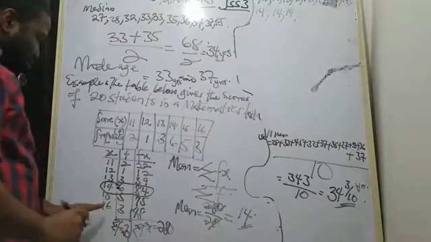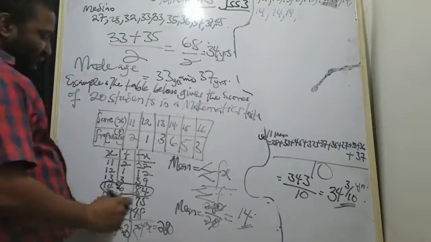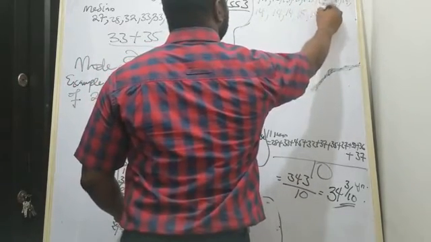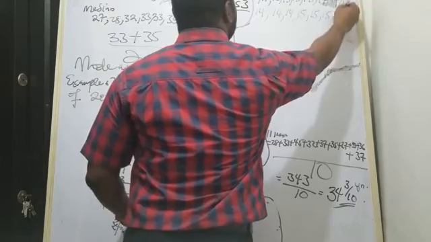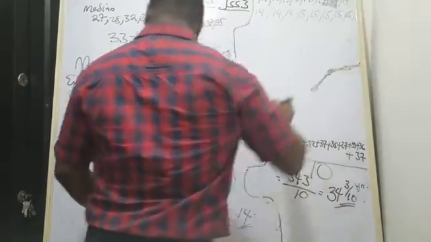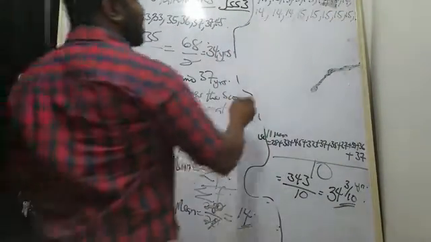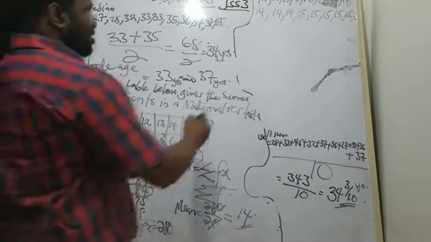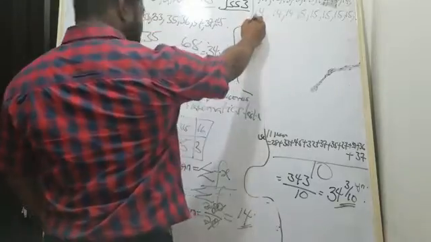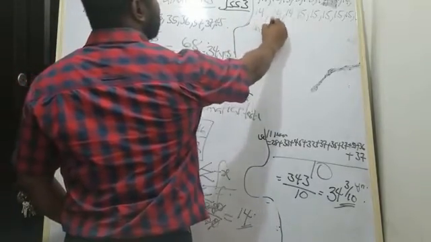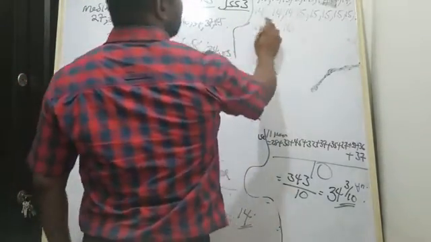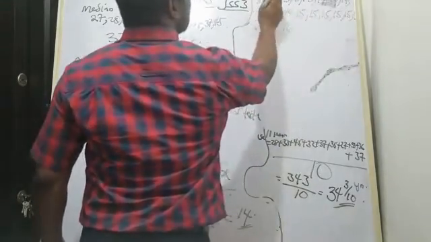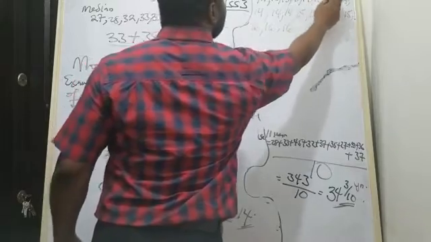Okay? Now, how many 15 do we have? 5. 1 2 3 4 5. And then how many 16 do we have? 3. 1 2 3. We have 1 2 3 4 5 6 7 8 9 10 11 12 13 14 15 16 17 18 19 20.